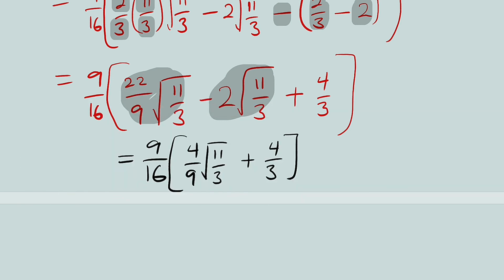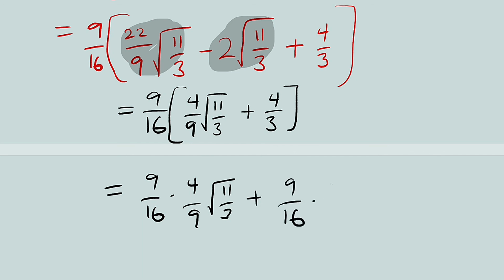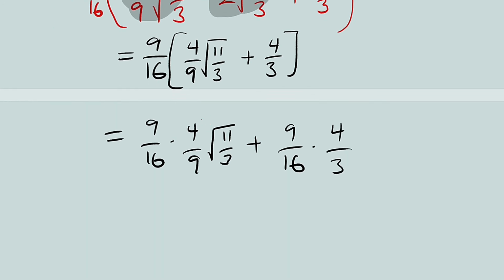So the last thing we need to do here is to distribute 9 over 16. So we have 9 divided by 16 multiplied by 4 over 9 root 11 over 3, then plus 9 over 16 again multiplied by 4 over 3. 4 into 4 1 time, 4 into 16 4 times, 9 here 1, 9 here 1.